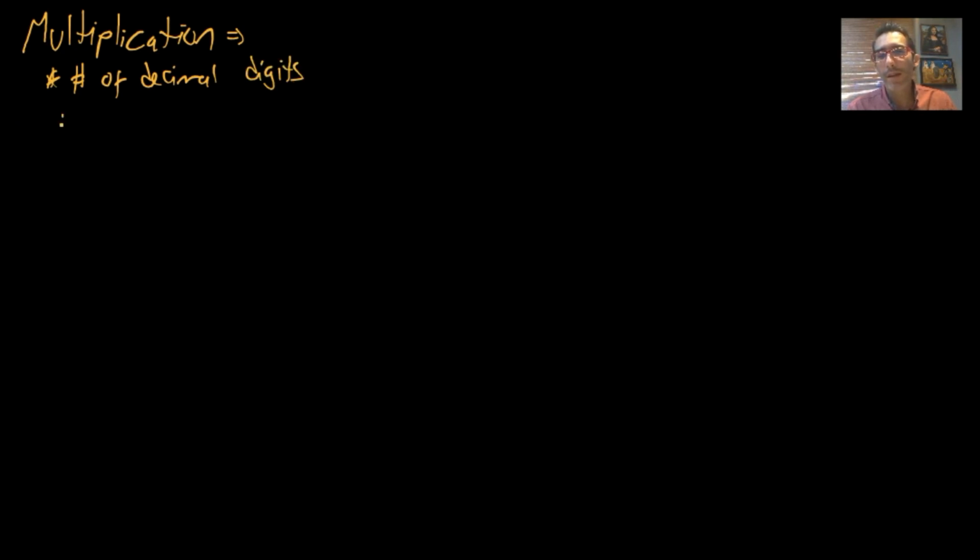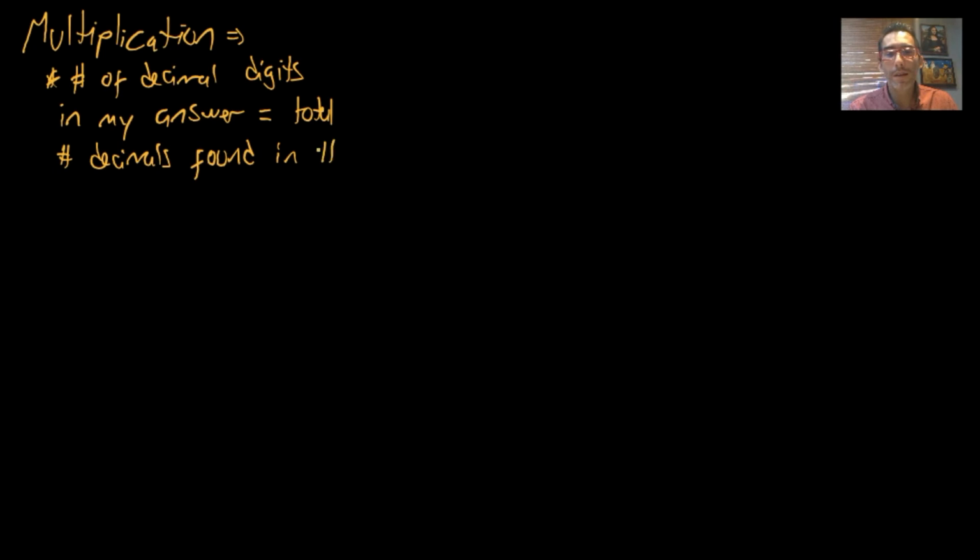The number of decimal digits in my answer must equal the total number of decimal digits found in the numbers. So the number of decimal digits in my final answer is equal to the total number of decimals found between the two numbers.